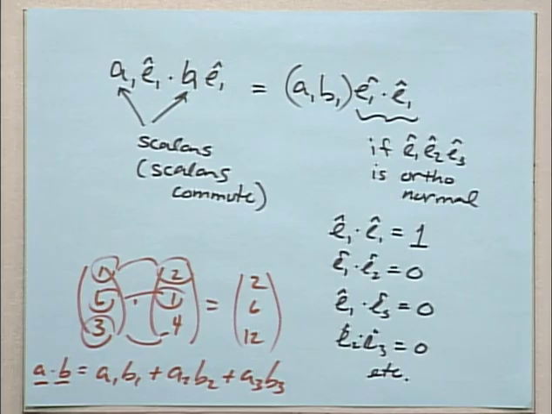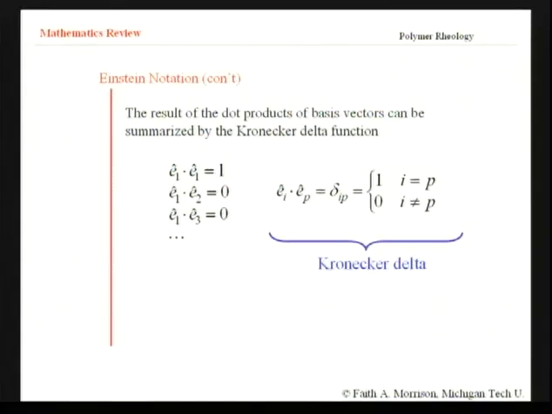In an orthonormal coordinate system, because the basis vectors are mutually perpendicular and of unit length, when you dot two vectors of like subscript, you're going to get 1. When you dot two unit vectors of unlike subscript, you're going to get 0 because they're perpendicular to each other. So that's just this Kronecker delta function. Delta ip is a function whose value is 1 when the i subscript is equal to the p subscript, and that function is equal to 0 when the i subscript is unequal to the p subscript.